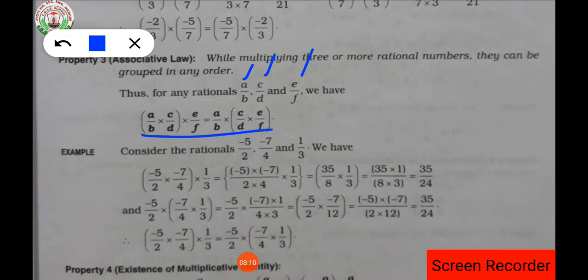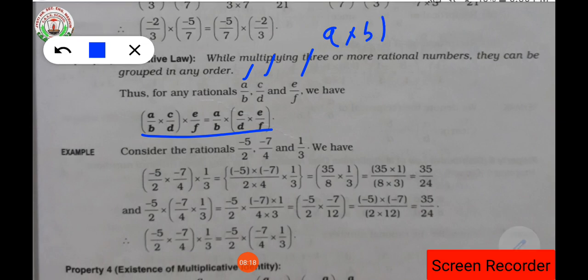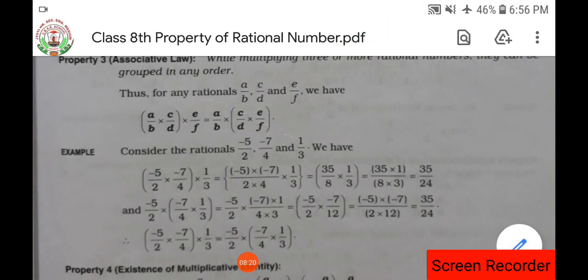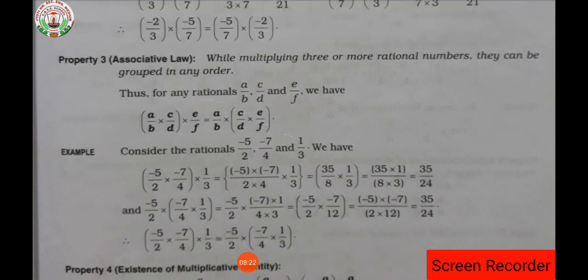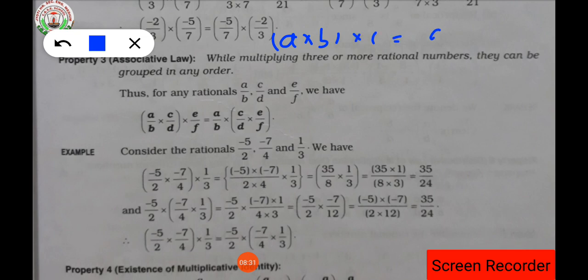So here what is the associative property? If we are going to see the associative property under integers, then a into b into c is equal to a into b into c, with the grouping changed.